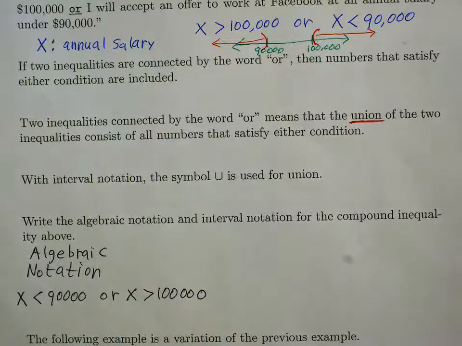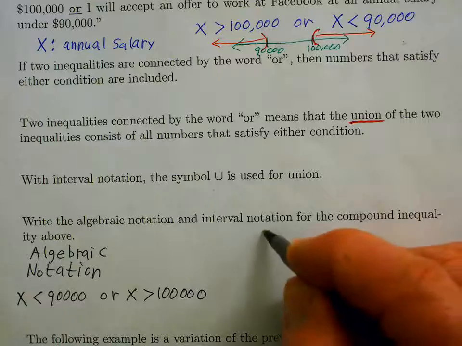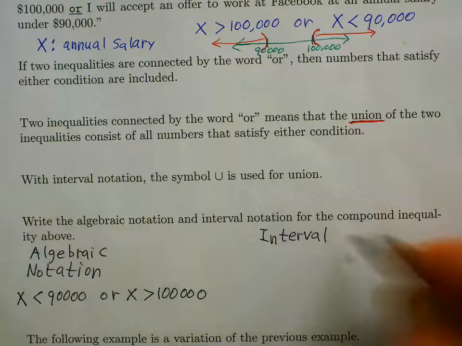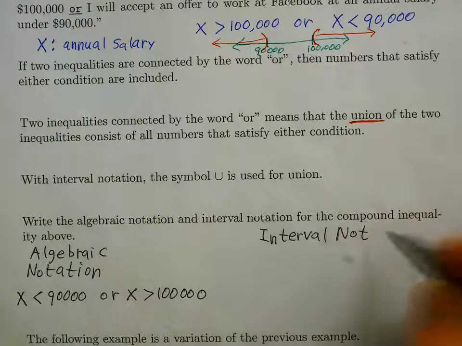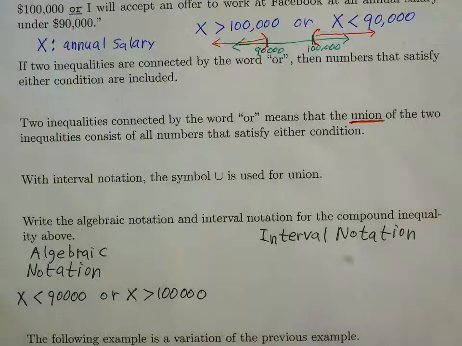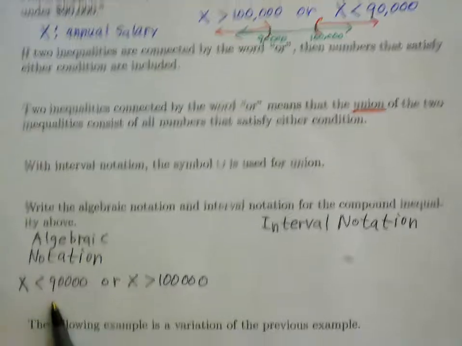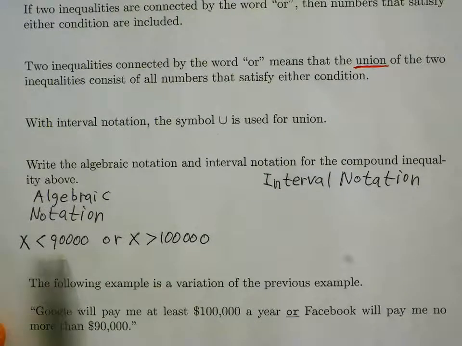Then the interval notation, we're going to use the union symbol. So remember what the interval notation is for x less than 90,000?